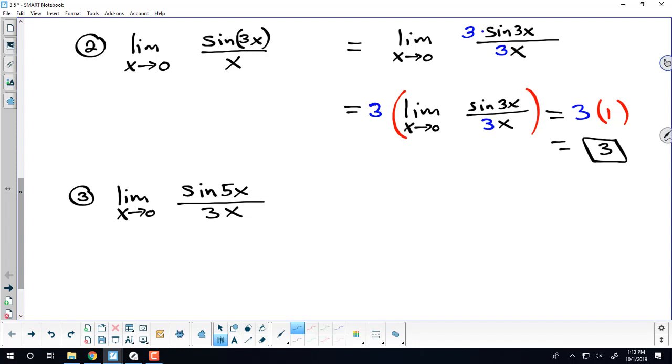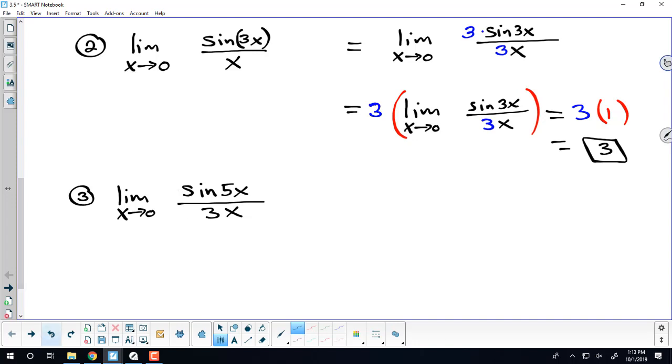Maybe multiply the top by 3 and the bottom by 5, to get a common factor between them. If we did 3 by 5 here, it's not a form of 1. So we're actually changing the value of the expression itself.